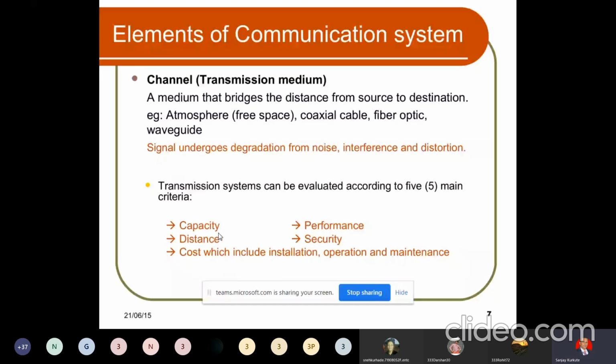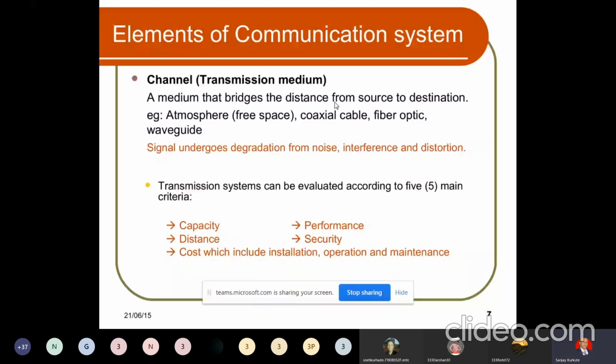In the channel, basically, the medium bridges the distance from source to destination in between, okay. That may be coaxial cable, fiber optic communication, waveguide, atmosphere, internet, whatever it is. The signal undergoes degradation from noise, interference and distortion.